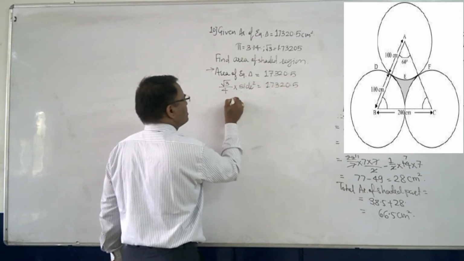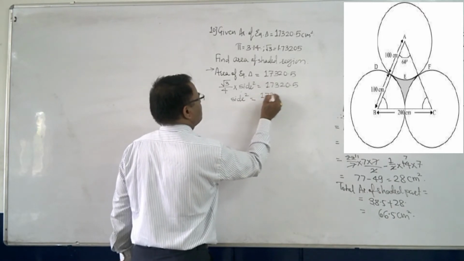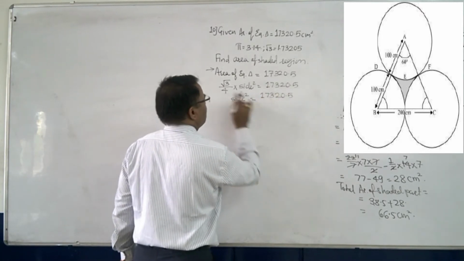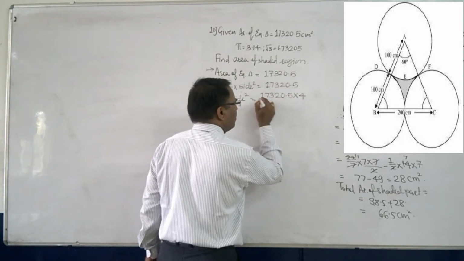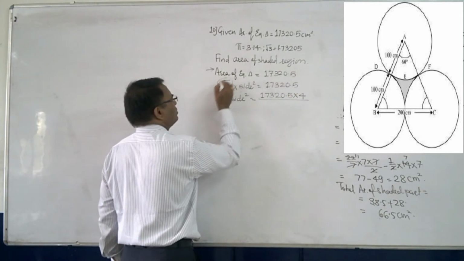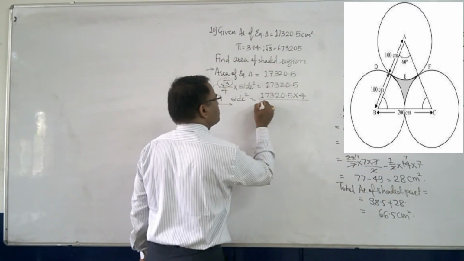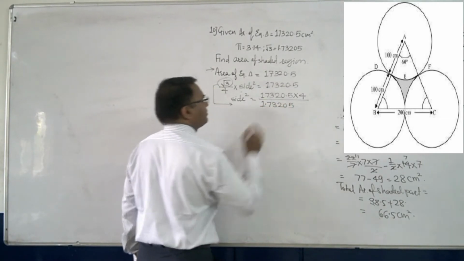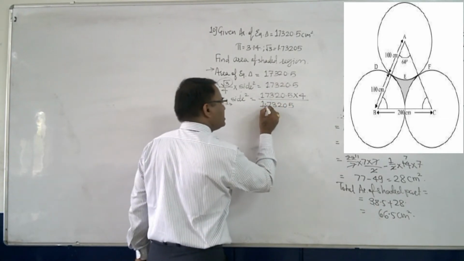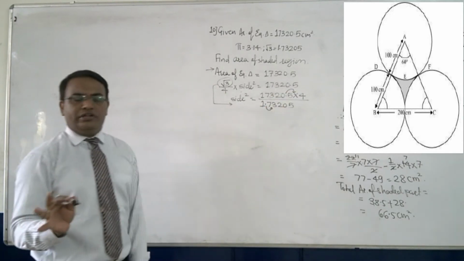So the side square will be 17320.5, and this 4 is dividing here, so it will multiply. Now this root 3 will come here, but what is the value of root 3? It is 1.73205. Now this decimal point will shift, one more decimal point shifted.